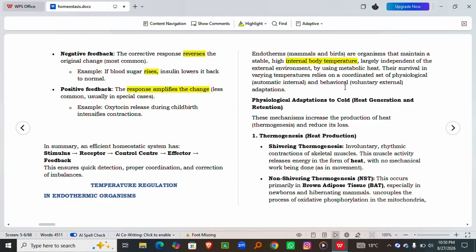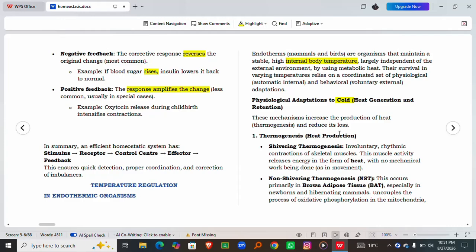So we shall start with the physiological adaptations. How does the body internally regulate the body temperature? First, we shall look at the physiological adaptations to the cold. When temperatures are too low, how does the body respond to ensure that the temperature goes back to a normal set point where the body enzymes can fully function?